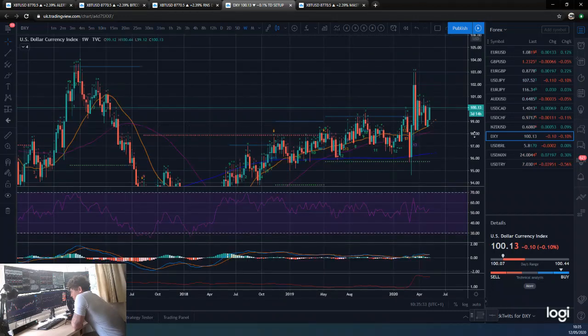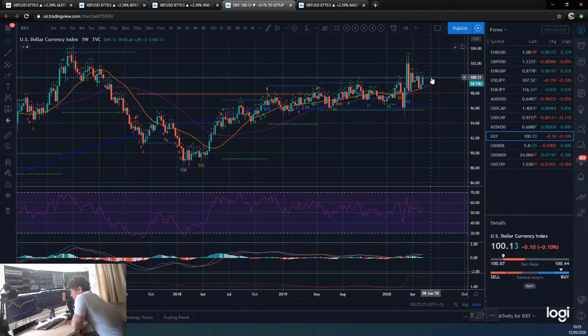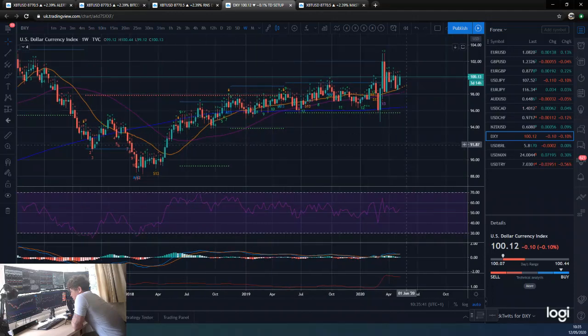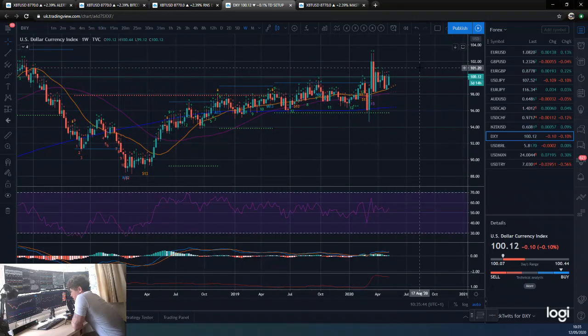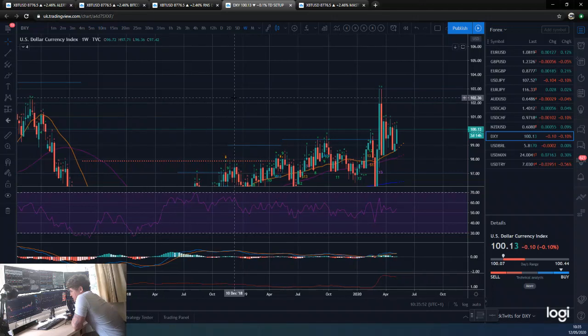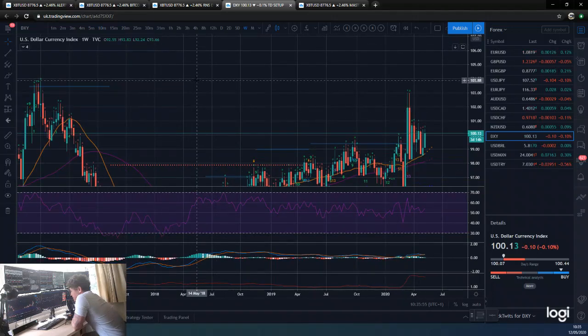Just look at some weekly. You can see we're consolidating near the highs here. We had a bit of volatility, and I think this overall trend is up. Once we start to break over these recent highs, and then clearly over this 103, where's the next resistance level, the next level of note?